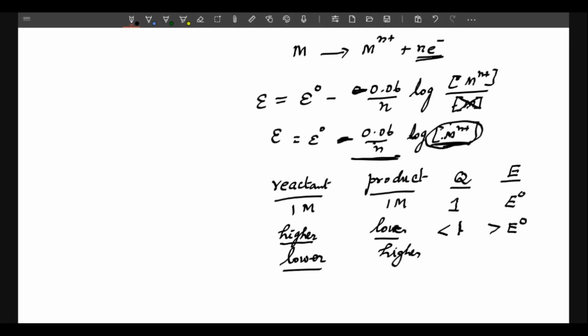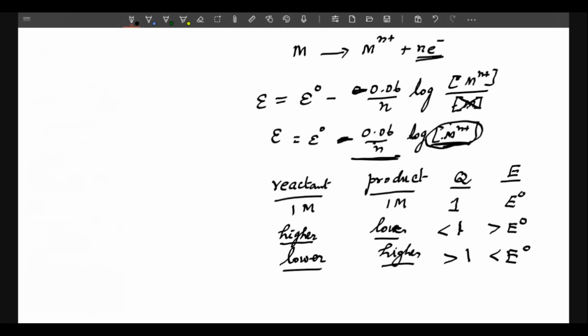On the other hand, if the reactant concentration is lower and the product concentration is higher, then the quotient value is greater than 1, and in such a condition the E value is less than E naught. These are the three conditions. By looking at the concentration of the reactant and product, you can come to a conclusion about the relationship between E and E naught, whether it will be equal, less than or greater than.